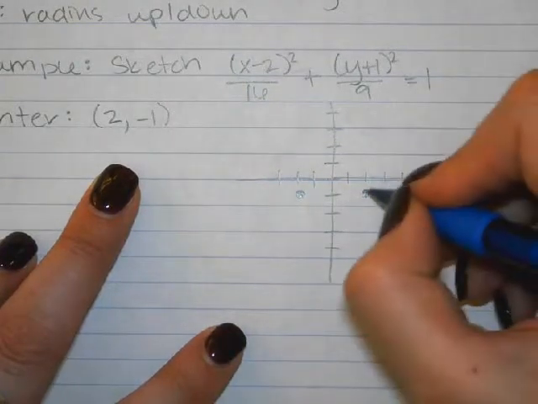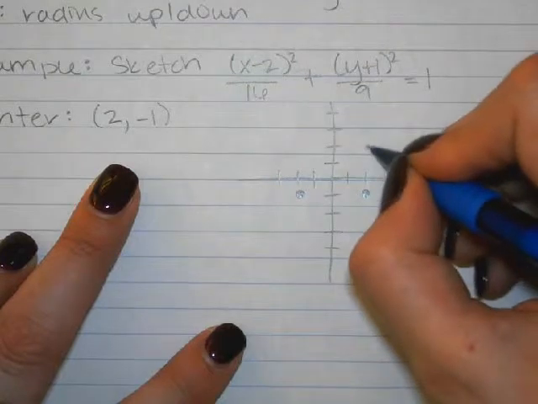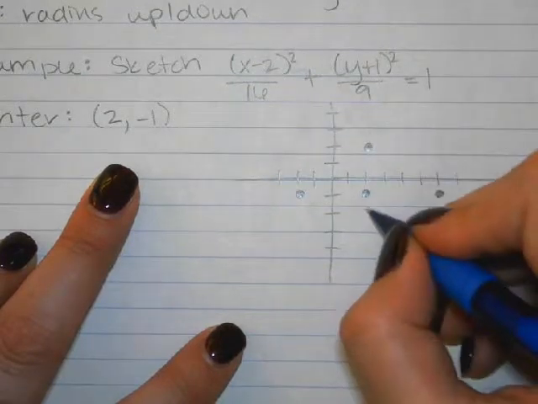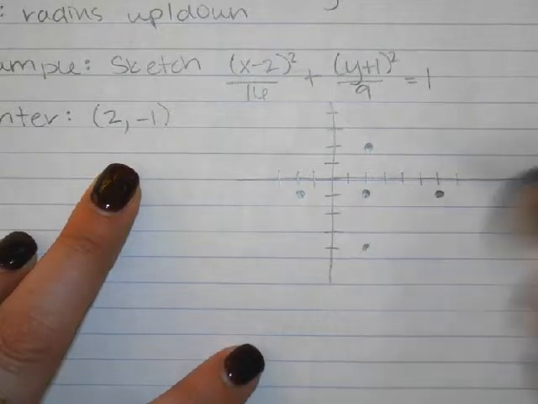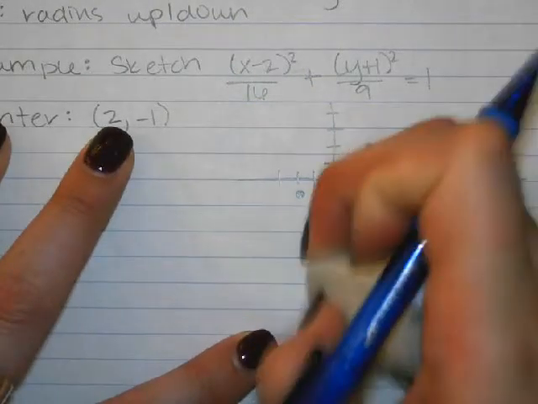And I'm going to go up 1, 2, 3, and down 1, 2, 3. Looks like I didn't really space that well.